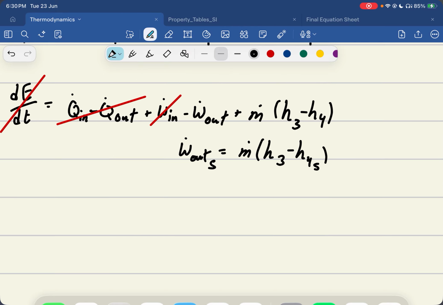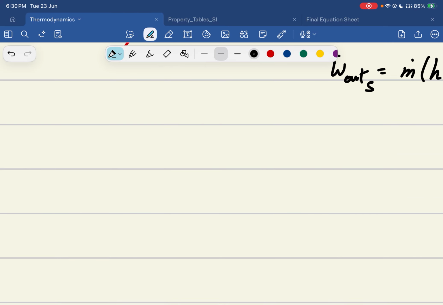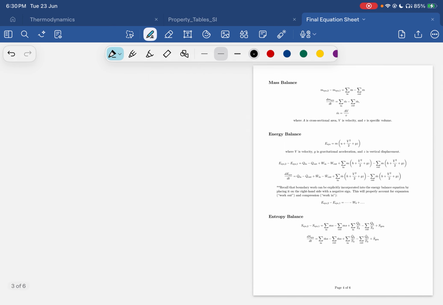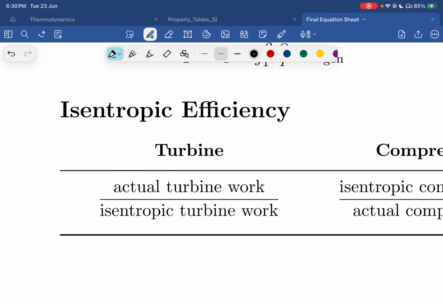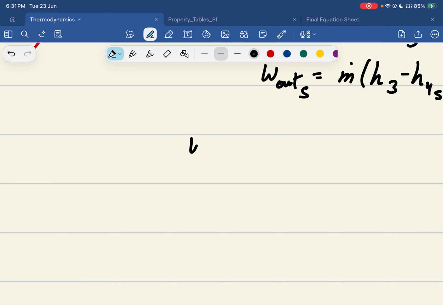Okay, so to find the efficiency, we know the efficiency is work out over work out S. Since S is isentropic, it's your peak; you want the peak, producing the most amount of work out, but the actual is always less. So that's why the actual goes on the top for your turbine. So we ignore the mass flow.